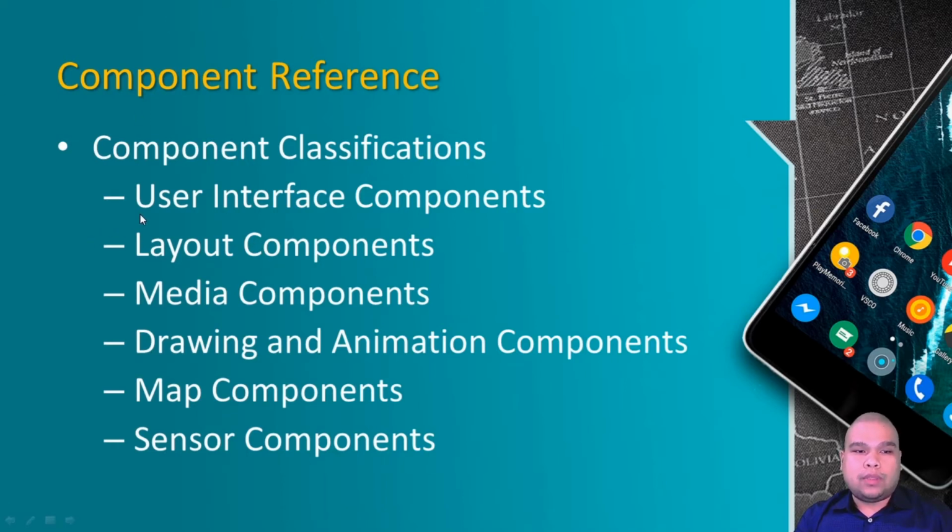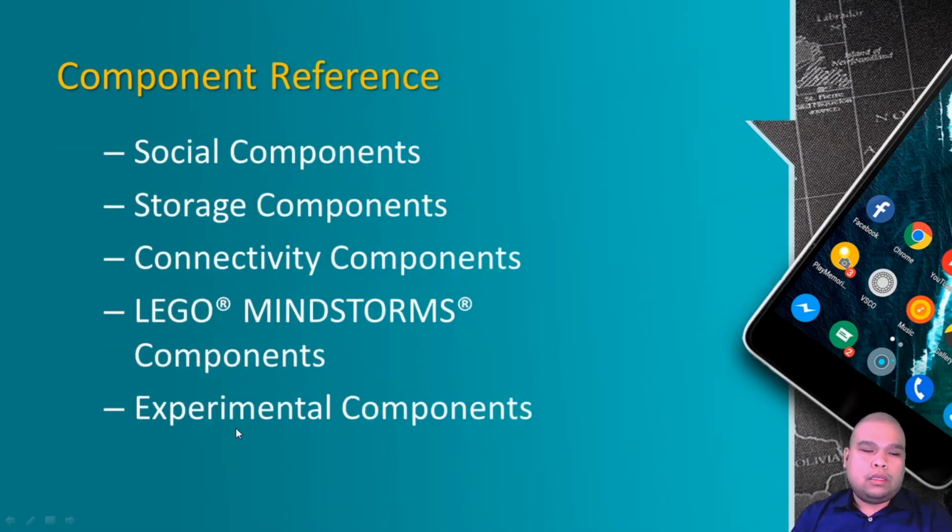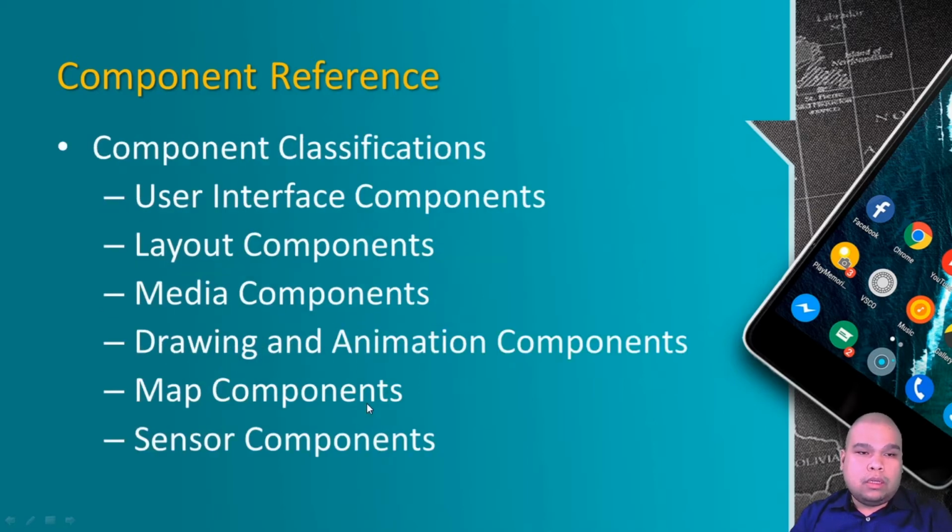These are the different types of components that you can use for MIT App Inventor: user interface components, layout components, media components, drawing and animation components, map components, sensor components, social components, storage components, connectivity components, LEGO MINDSTORMS components, and experimental components. Under these classifications, we have tons of components.